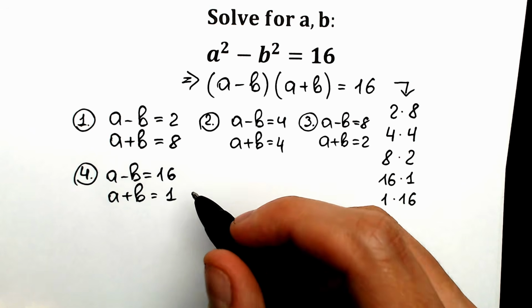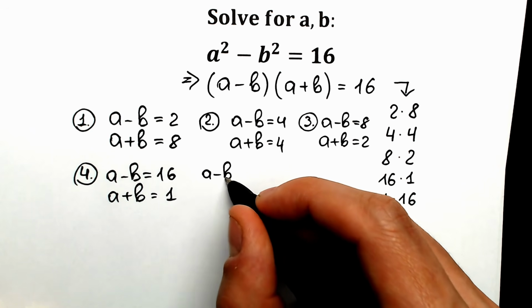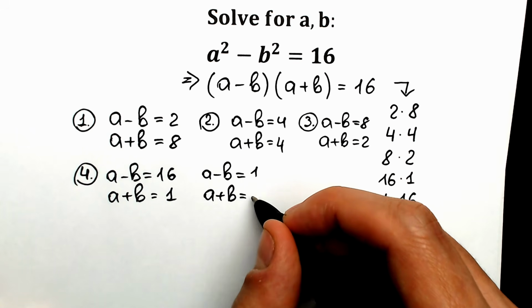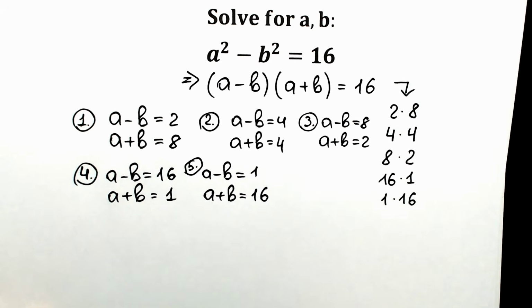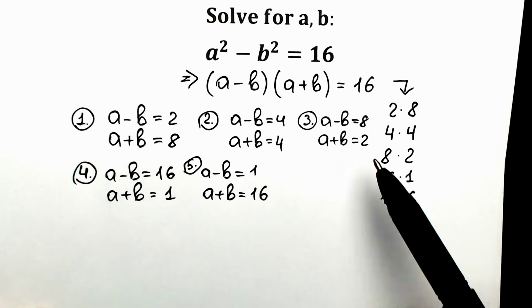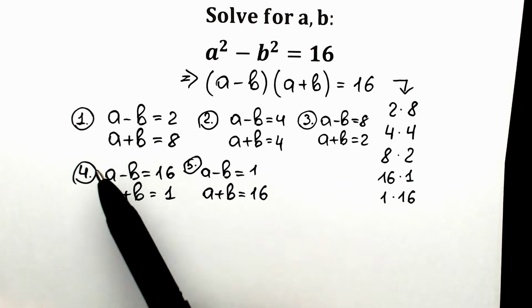And we're going to mirror this constant: a minus b equal to 1 and a plus b equal to 16. This is our fifth system of equations. So we have five systems of equations, and right now I don't want to talk about the negative ones. Let's quickly solve our positive part.